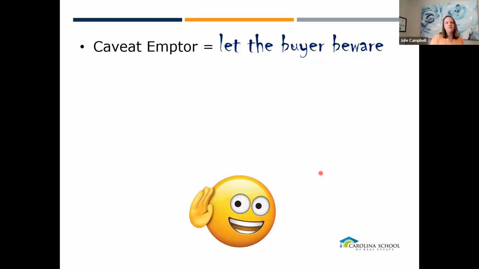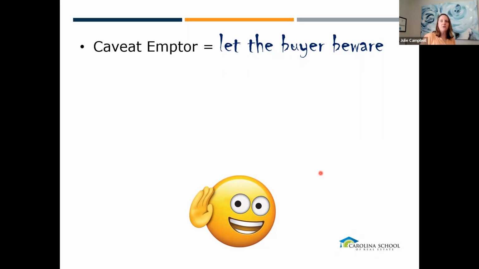Caveat emptor is Latin for let the buyer beware. North Carolina is a caveat emptor state, which means it is the buyer's responsibility to learn about the property before they own it. The seller doesn't have to disclose much. I've already told you the one thing that the seller has to disclose, and that's if they know of lead-based paint.